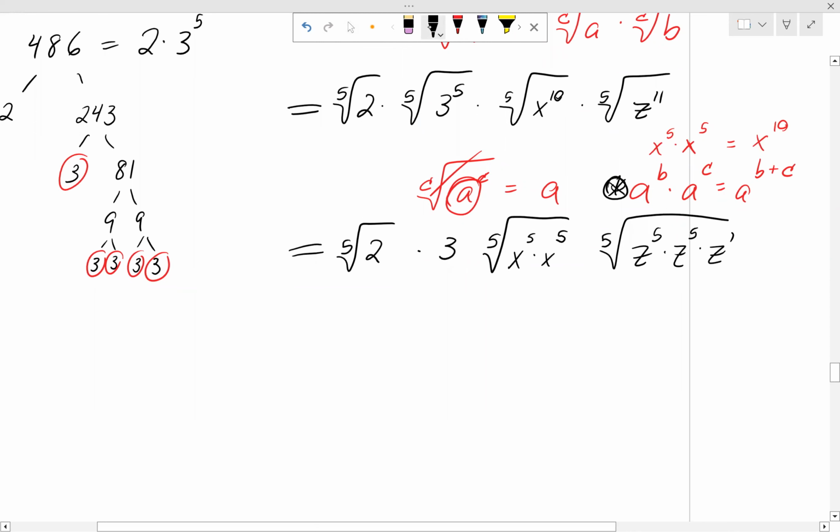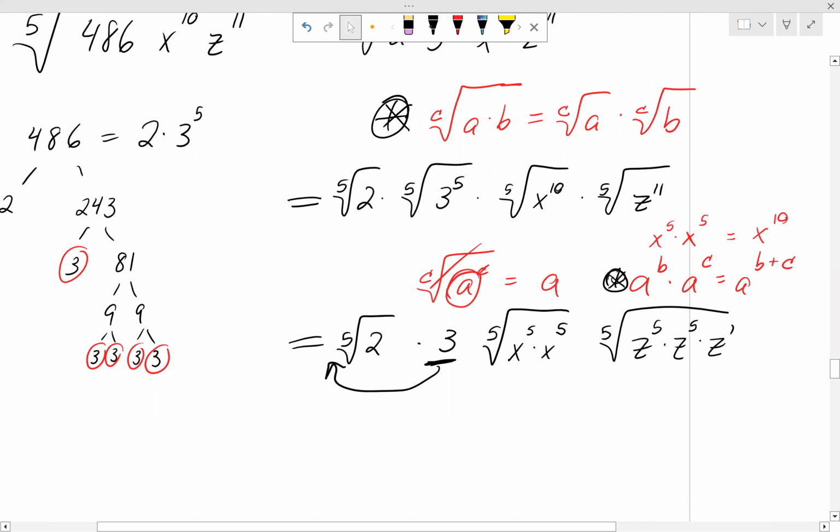From here, I'm going to move this 3 in front, just so it's out of the way. I'm also going to use the property we used earlier, where we split up our fifth roots into 4, with these x to the 5th and z to the 5th terms.